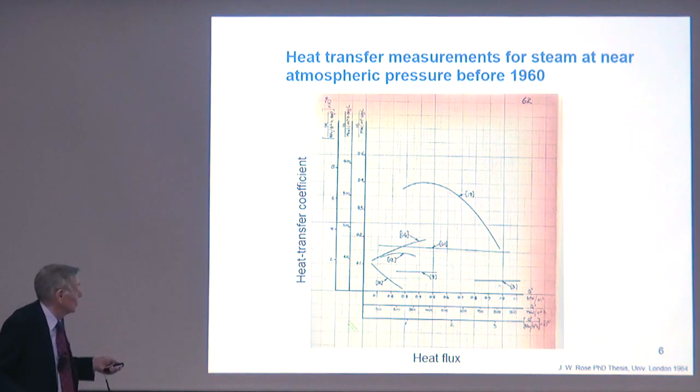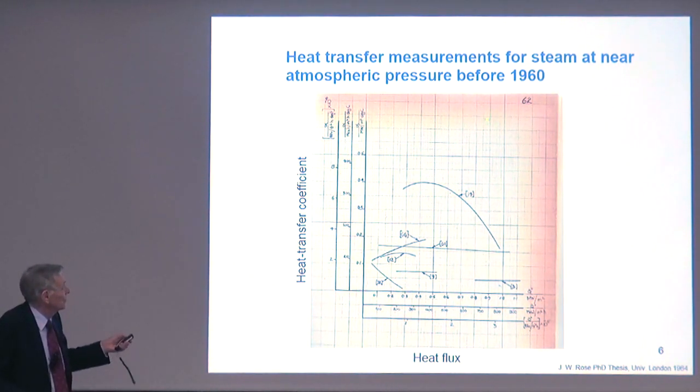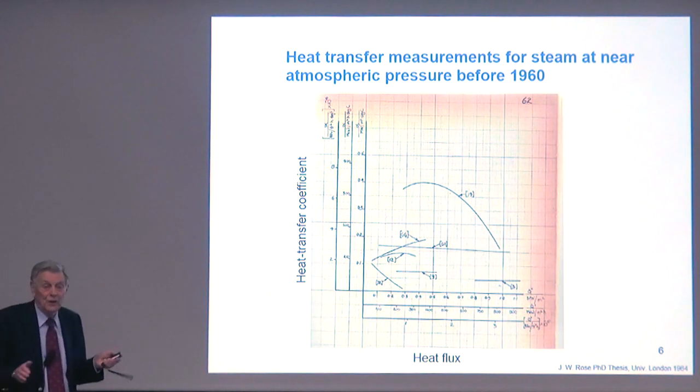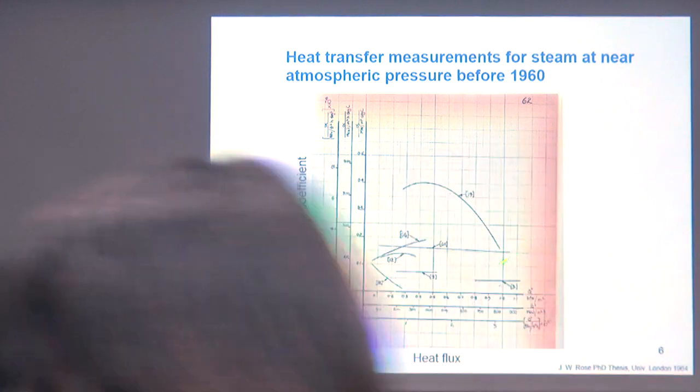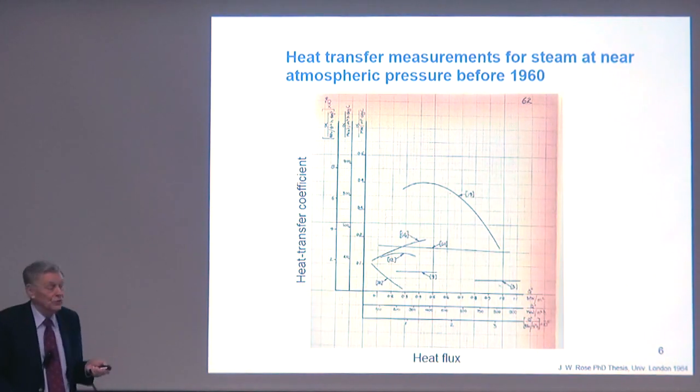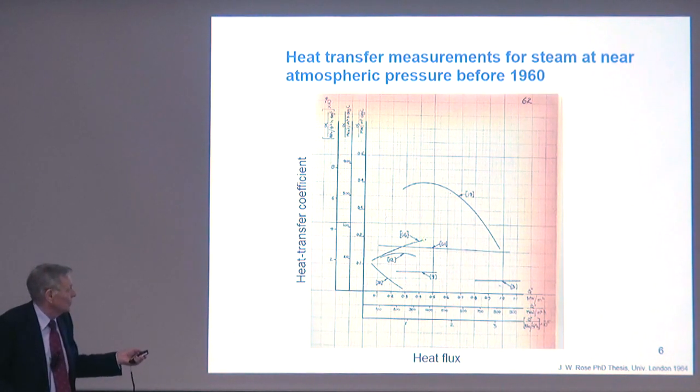This is the heat transfer coefficient, this is the heat flux. These are the measurements of different people which existed when I started my PhD. And my PhD objective primarily was to find out why there is this big discrepancy. Some people find it goes up and down, some people find it goes up, some people find it came down.